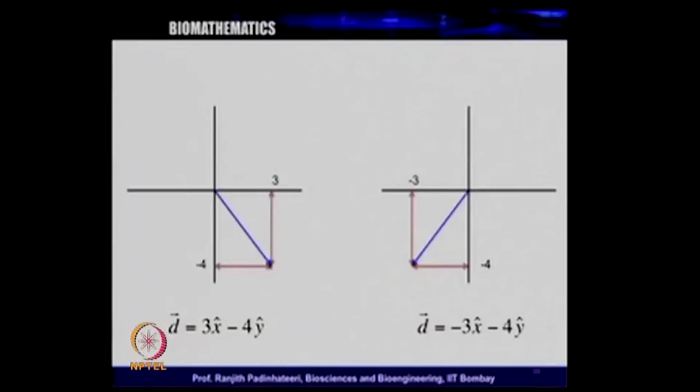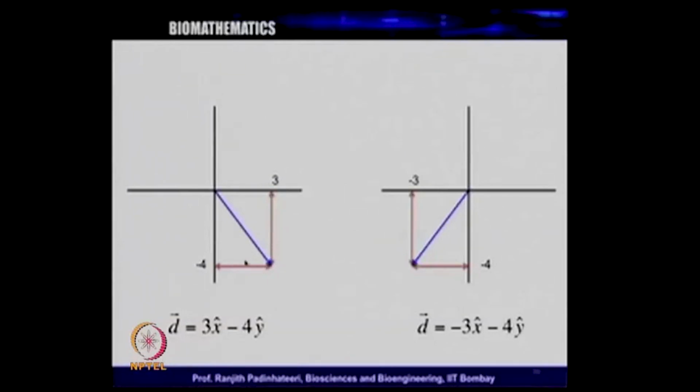Now let us look at some other point, say a point here. To reach this point, you have to go 3 along the x-axis and 4 along the minus y direction, that is, in the decreasing direction of y.